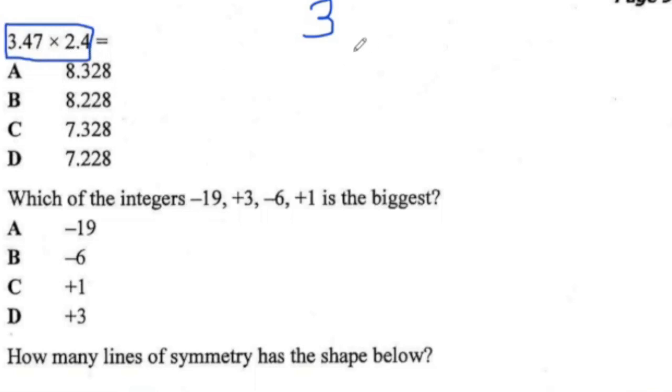So we just write it as 347 multiplied by 24, sorry, not 224. So I'm going to write the multiplication sign like that. So 2 by that will give us 4, by that will give us 28.